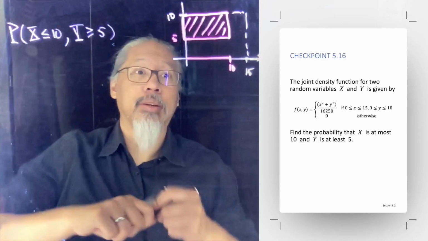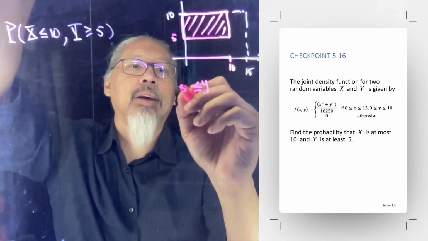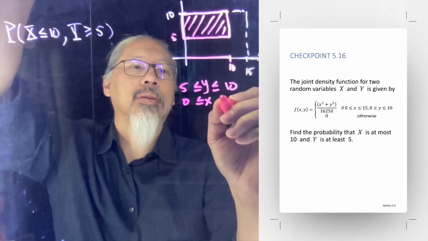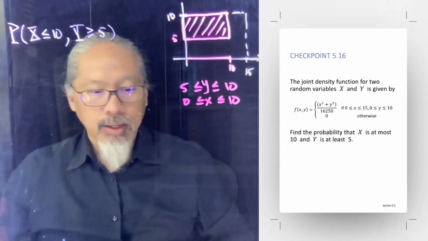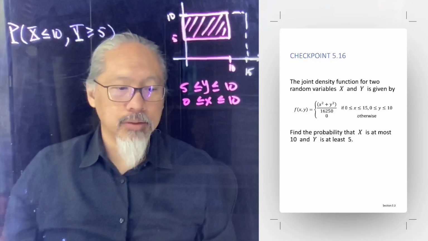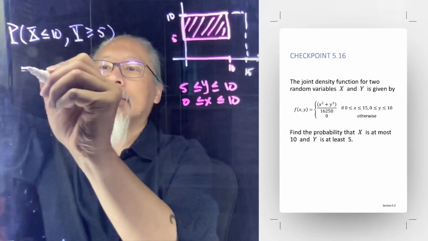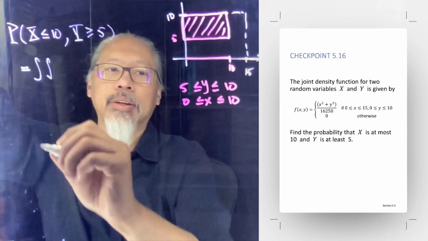Essentially we're going to go through these limits. If we want to explicitly write these limits, your y goes from 5 to 10 and your x goes from 0 to 10. Okay, and it's just a matter of putting those values into the integral. Let's go ahead and do that. This is going to be a double integral.